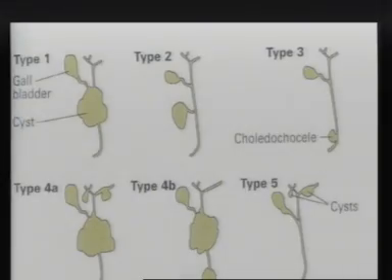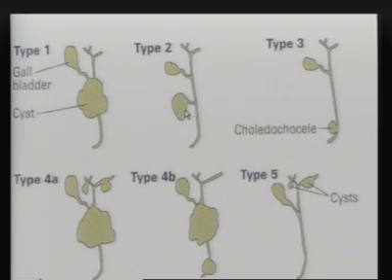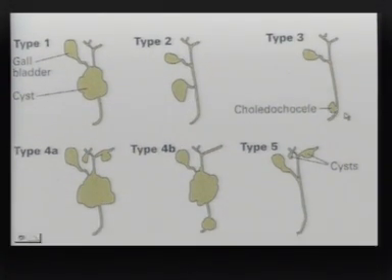There are 5 types, as we know. Type 1 is the most common, which is a fusiform dilatation. Then there is an outpouching, which is type 2. Choledochocele is 3, and type 4A is when there is an intrahepatic plus fusiform dilatation. When there is a fusiform dilatation with choledochocele, it's 4B, and 5 is Caroli's disease, which is multiple cysts in the liver.